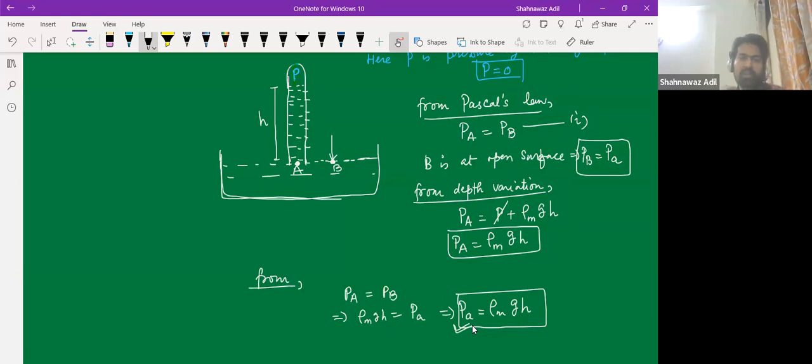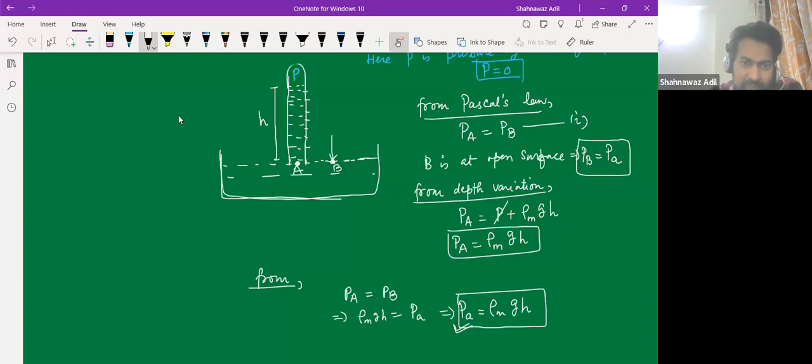That is how the barometer measures atmospheric pressure, right? Whatever height the mercury has risen, with the help of this height we can calculate the atmospheric pressure.